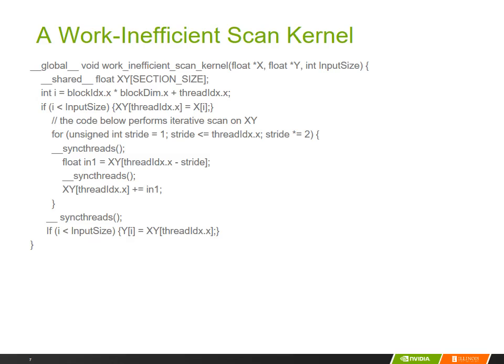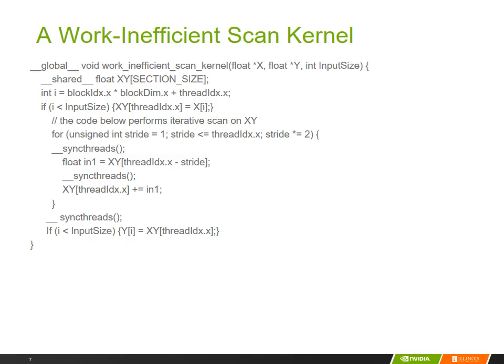We would increase the stride size by a factor of 2, and so now in the second iteration we will add the temporary sum in the XY position with the temporary sum that is 2 elements to the left, and then we would continue to iterate the third iteration and so on.